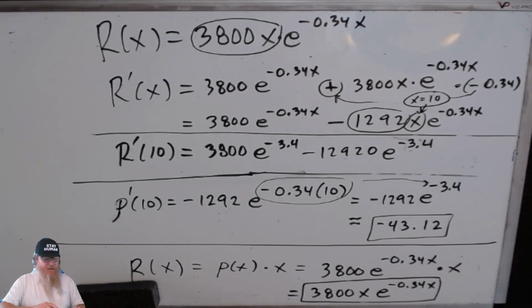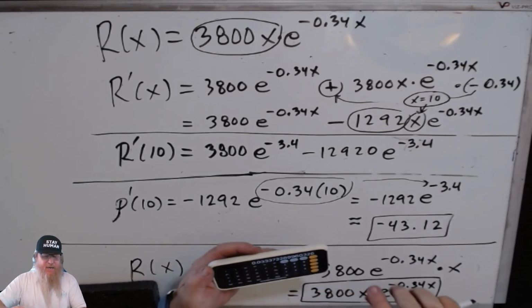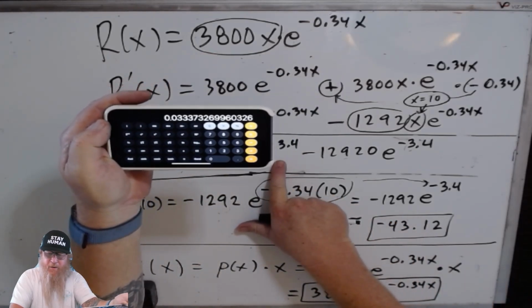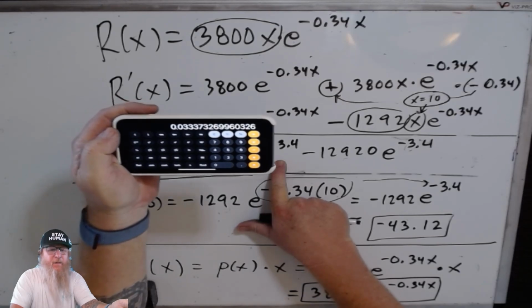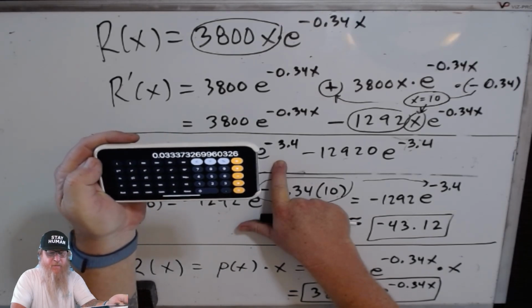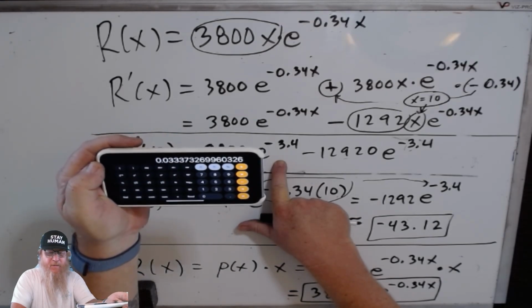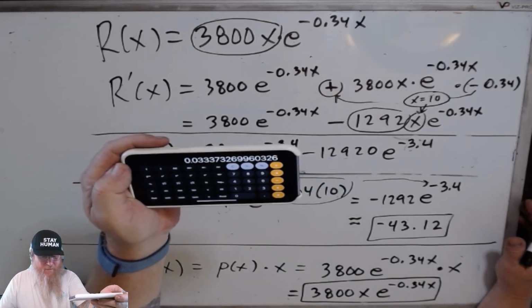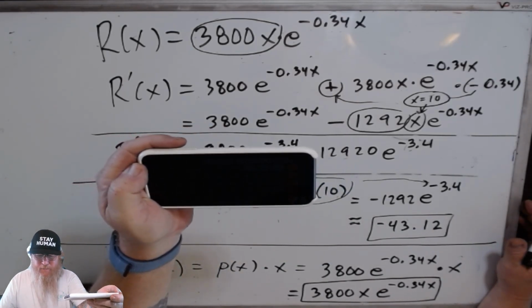All right, let's see. 3.4 negative e. So that's the e to the 3.4. How are we making negative revenue?